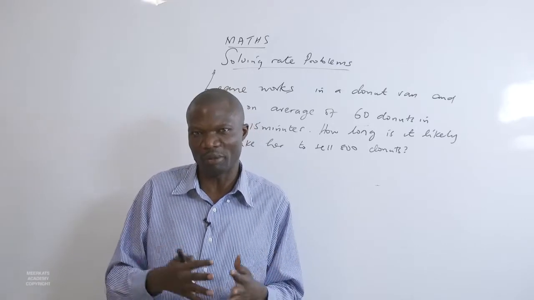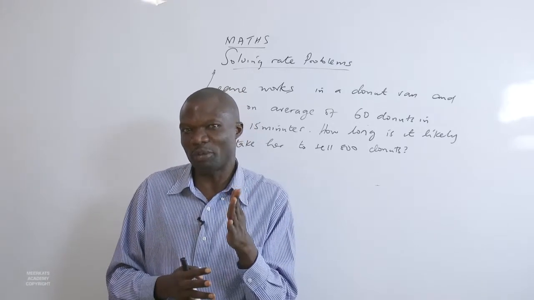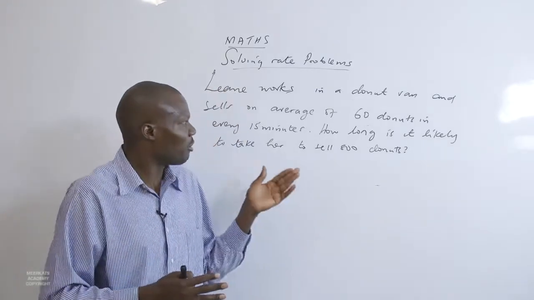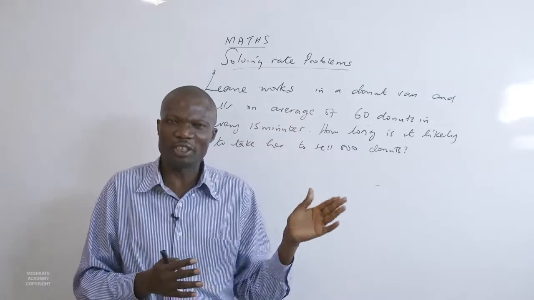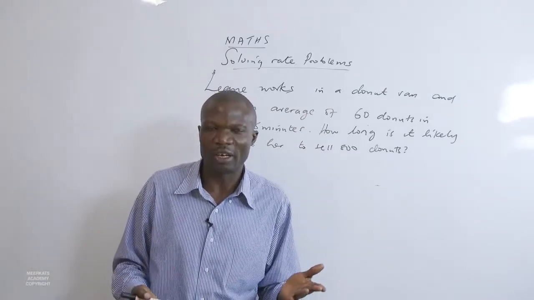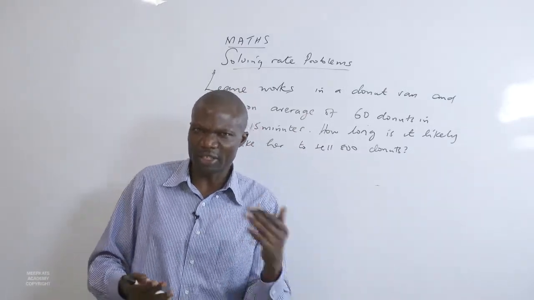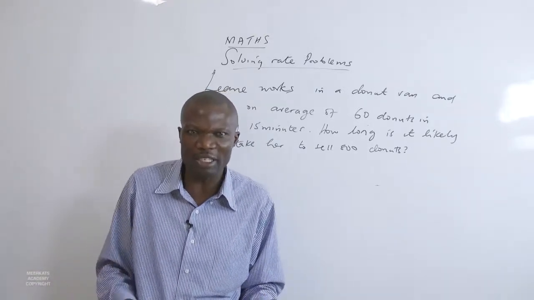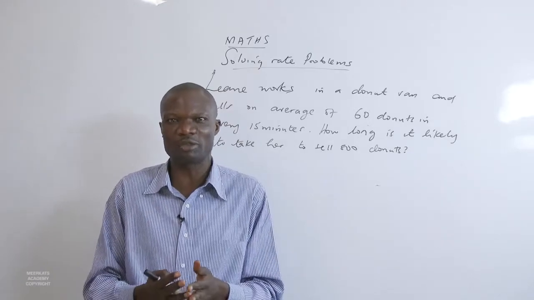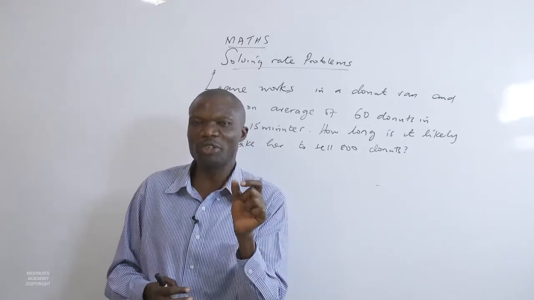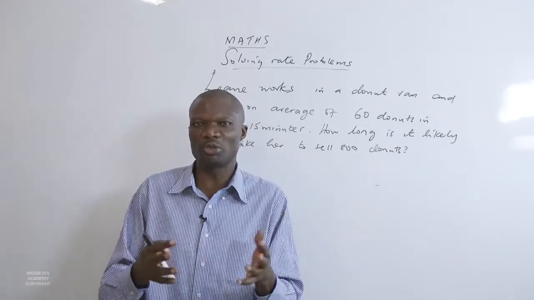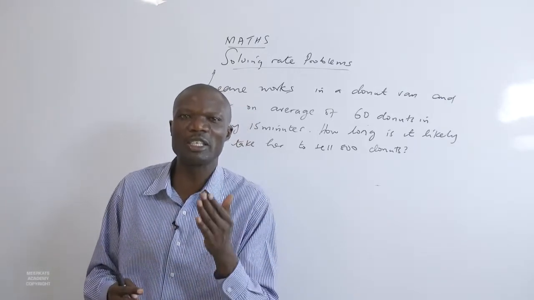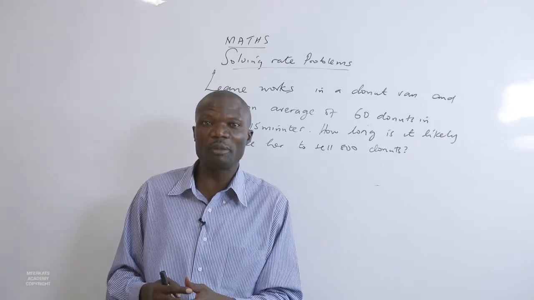In the unitary approach, tell me: if we are selling 60 donuts in 15 minutes, what is the rate here? How many donuts can we sell per minute? That's precisely what they're asking us for, and it is the one that will guide us. Someone else would say, let us see how many donuts would be sold within 1 minute.